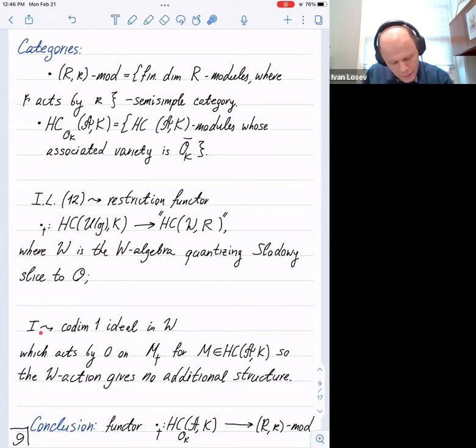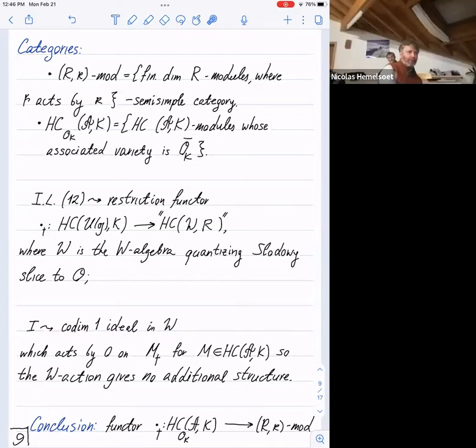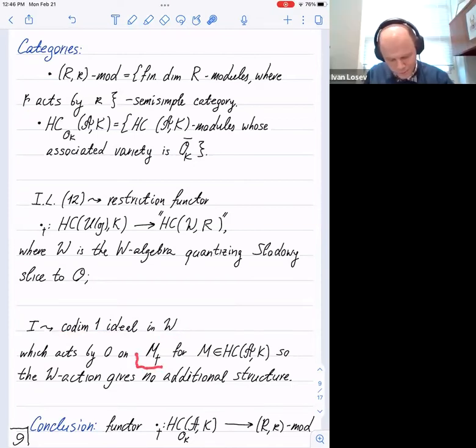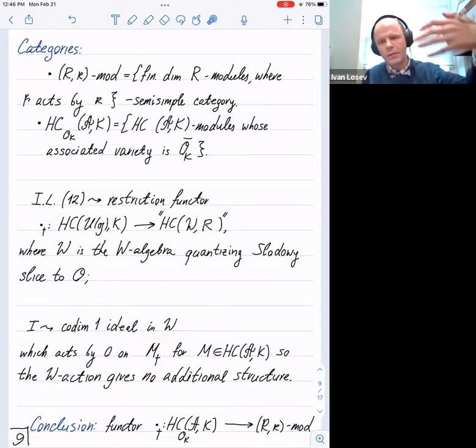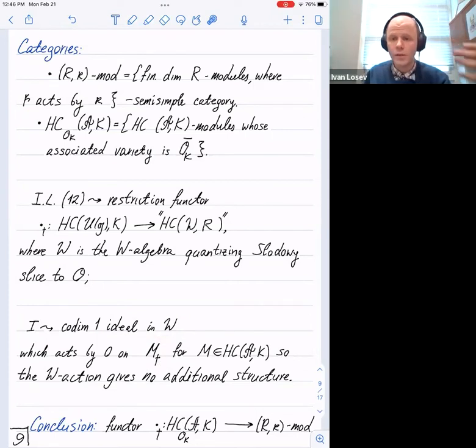Namely, by a morally similar restriction procedure, I can take my ideal I that I mod out. I can restrict it to the slice, and I get a codimension 1 ideal in the W algebra. And it must act by 0 on the restriction of M. And so, you have an associative algebra, inside you have a codimension 1 ideal, which acts trivially on the representation. It means that this representation carries no information. Okay?